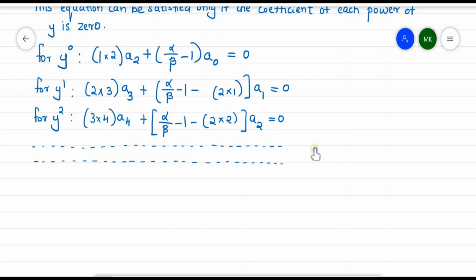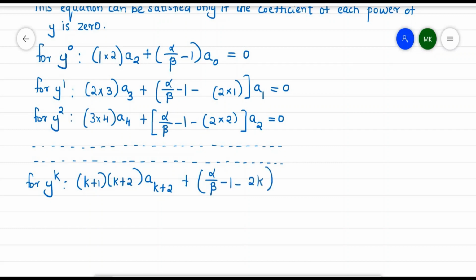So if we go on like this, we get for y raised to k, it will be k plus 1 into k plus 2 into a k plus 2 plus alpha by beta minus 1 minus 2 into k into ak equals 0.